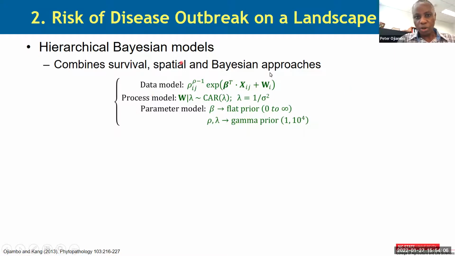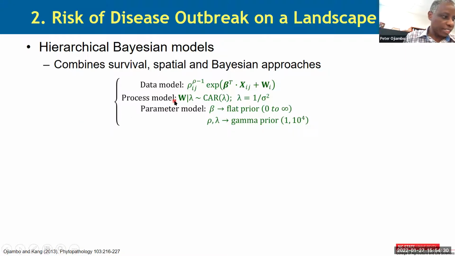In this particular data model, we're just looking at a very simple Weibull model for survival analysis, and it has components. We have beta, which is the coefficient. We have xi, where x is the covariate, and wi, which are the random effects of interest. These random effects are summarized at the state level.